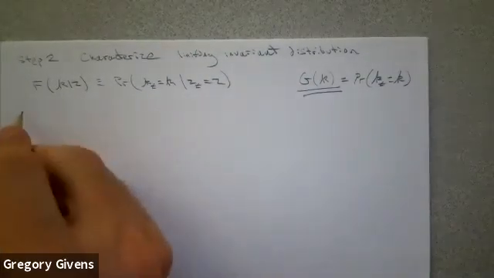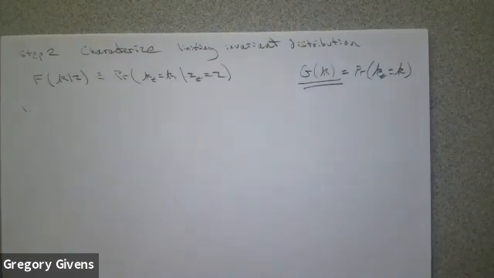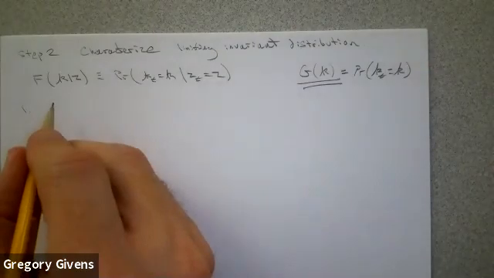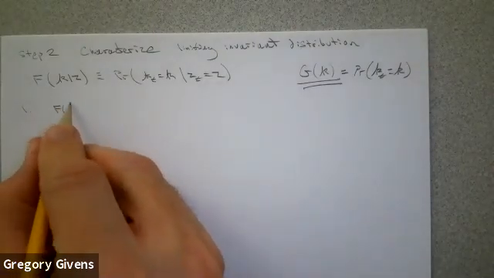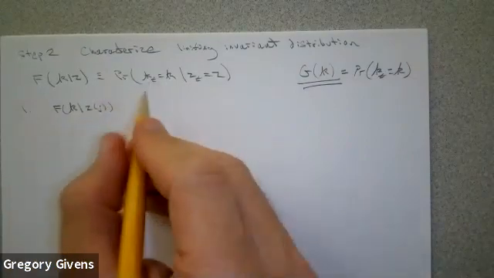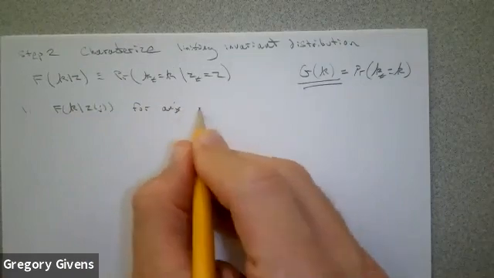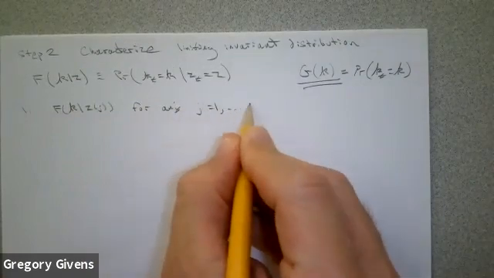Okay. I'm going to do this in a few steps here. So part one of step two, what I want to do is I want to be able to characterize F of K given z_j for any j between 1 and n.